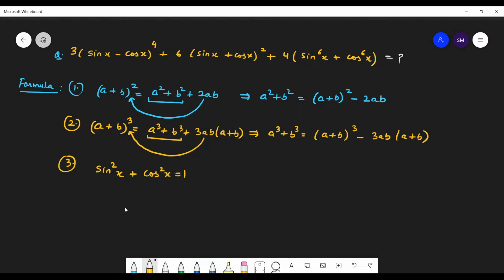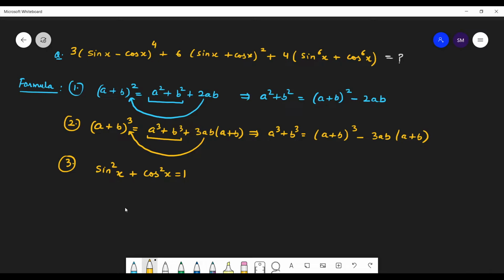And this will be equals to sine x raised to the power 6 plus cos x raised to the power 6 is equals to, so what does this equals to? See, this will be equals to 1 raised to the power 3 is 1 minus 3 sine square x cos square x. Yes, so 3 sine square x cos square x, and this also equals to 1.